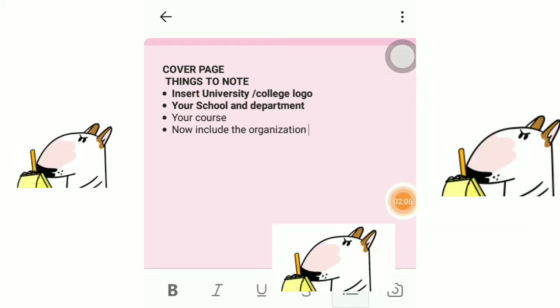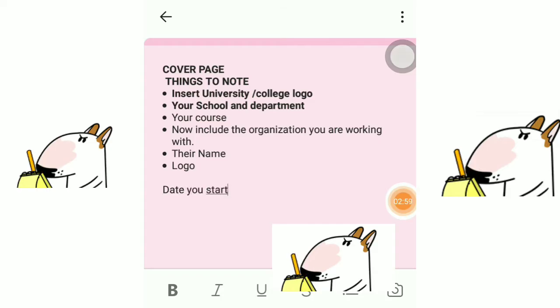And then after that we need to include the organization which we are working in now. And the first thing we need to include is the logo of the organization. You can also copy this from their website. And then the second thing is the name of the organization.